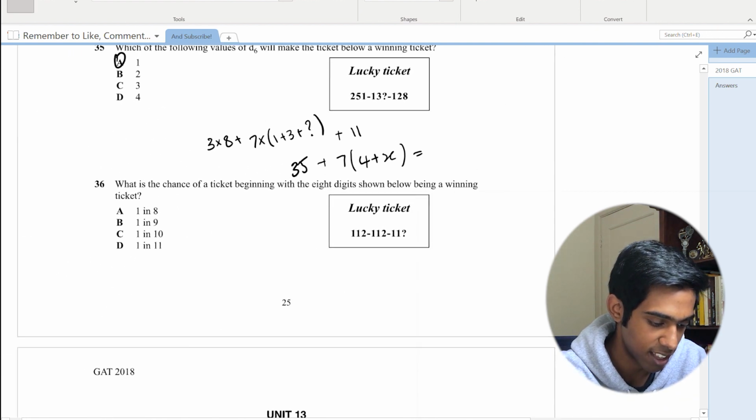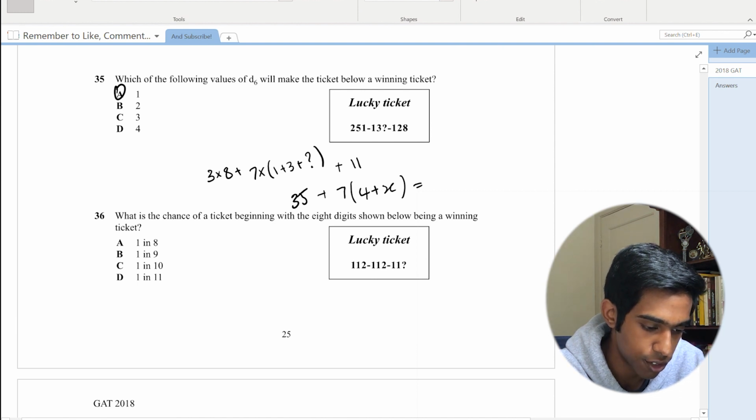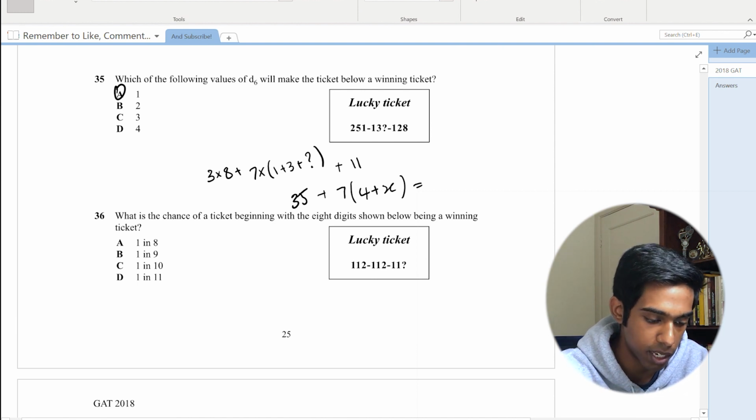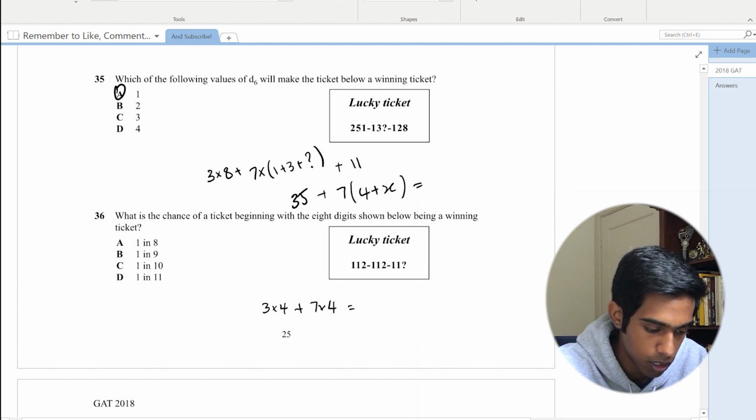Let's check that. What is the chance of a ticket beginning with the 8 digits shown below being a winning ticket? Okay, so we've got 3 times (1 plus 1 plus 2), which is 4, plus 7 times 4, and that is going to equal 12 plus 28, which is 40.